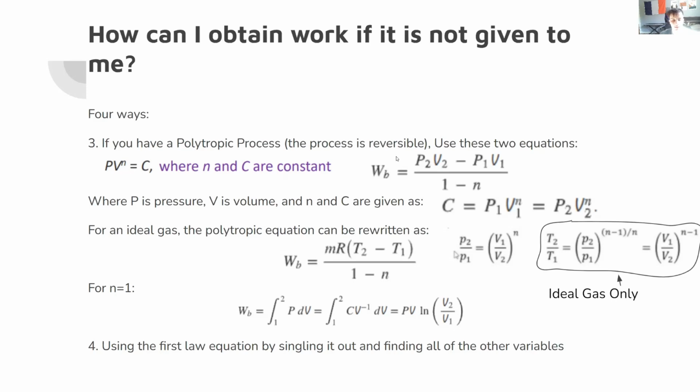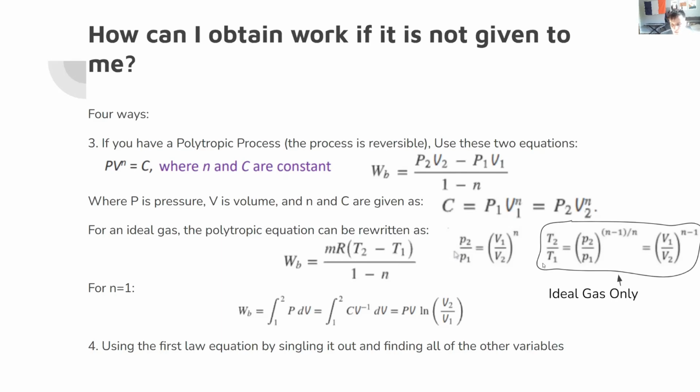Now, if you're in an ideal gas, the polytropic equation can be rewritten this way. It makes it simpler if, say, you don't know the volume between those two states, you just know the temperature, you can just use this equation.